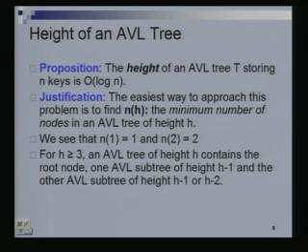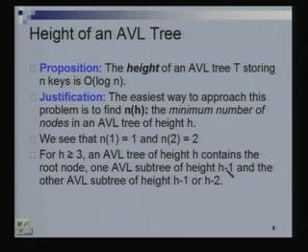Well, it has height h, so its children can have height only h minus 1, not more than h minus 1. They can have a difference of at most 1. So if one of them is h minus 1, the other one can only be h minus 2 or h minus 1.